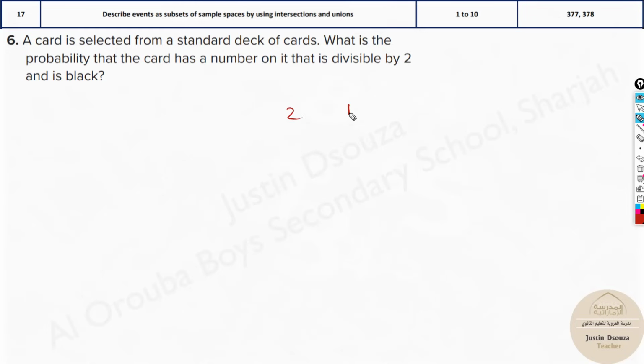It's 2, 4, 6, 8, 10. It has to be black suits, right? So it can be the clubs or spades. So there is 5 times 2, that is 10 possibilities, the favorable outcome divided by the total outcome, 52. This must be the answer, 10 by 52.